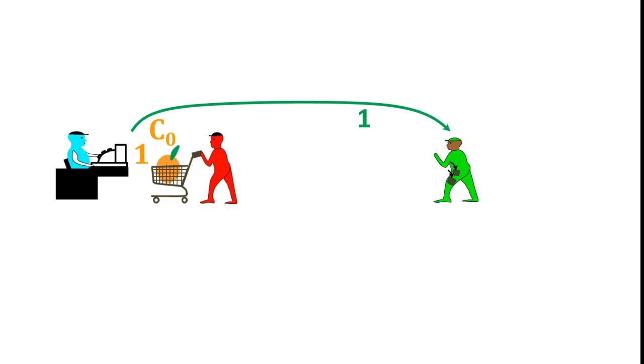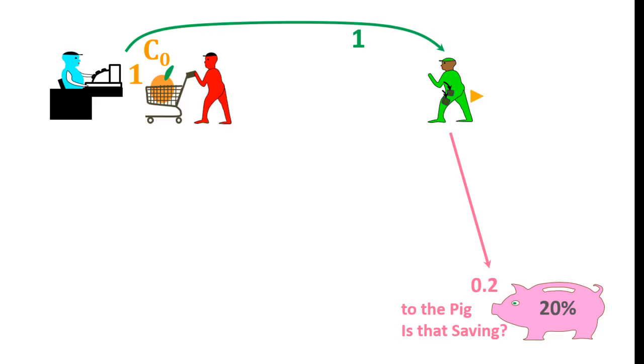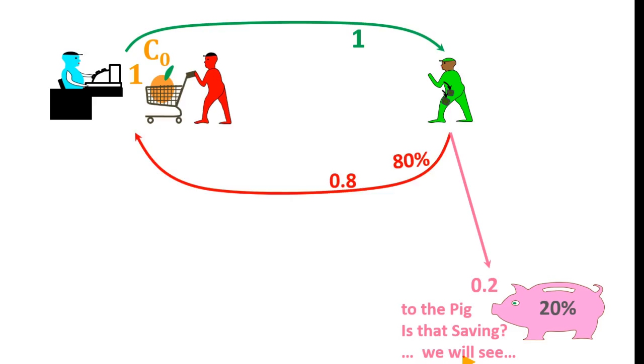Now let's assume that 20% of this money, which is 20 cents, goes to the money pig. Is that saving? This is something that we are going to see later. So 20% goes to the pig, and the remaining 80%, which is 80 cents, goes to consumption.